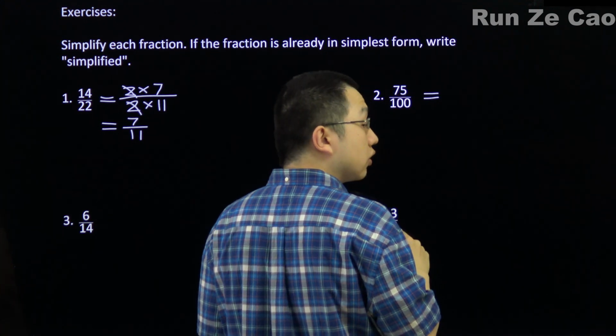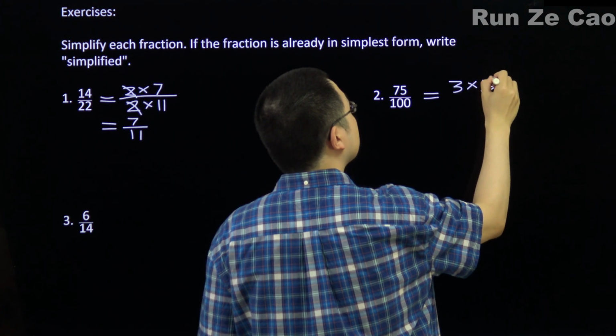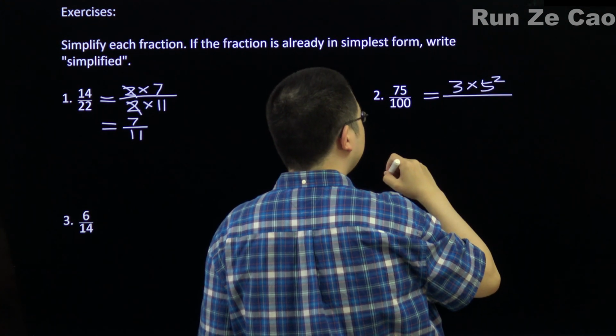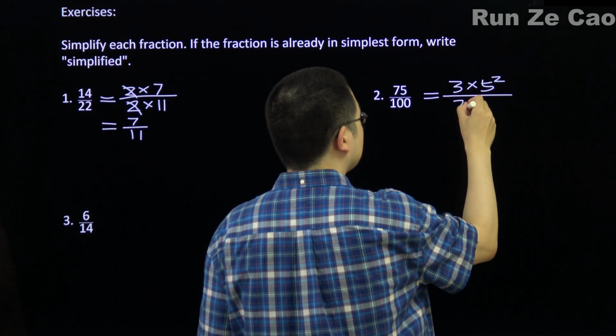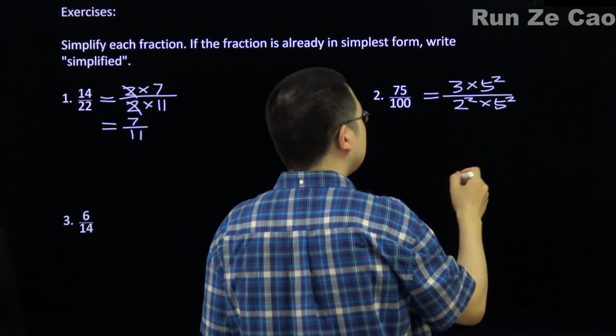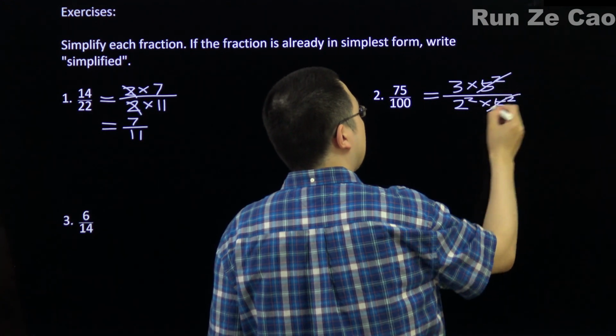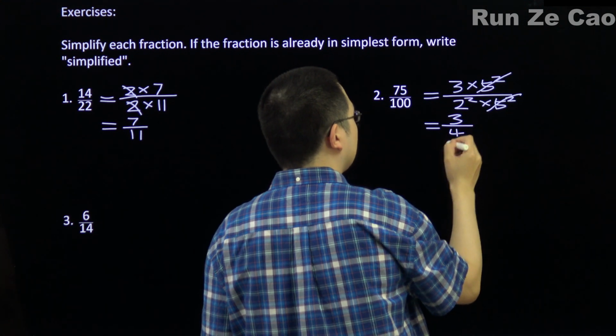In other words, 3 by 5 squared over 4 by 5 squared, so 4 by 25. That's 2 squared by 5 squared. These cancel, and we end up with 3 over 4.